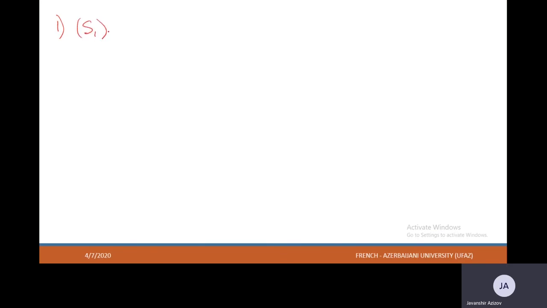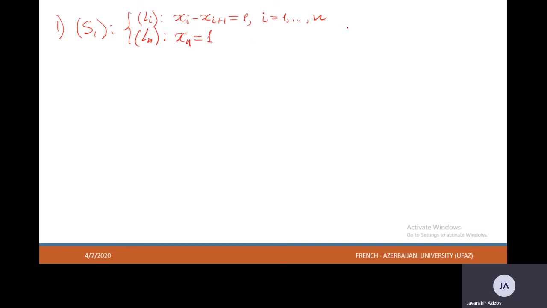S1 is this. The ith line is xi minus xi+1 is 1, where i changes from 1 to n, and the nth line is xn is 1.